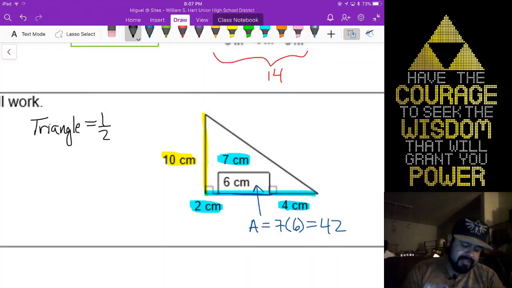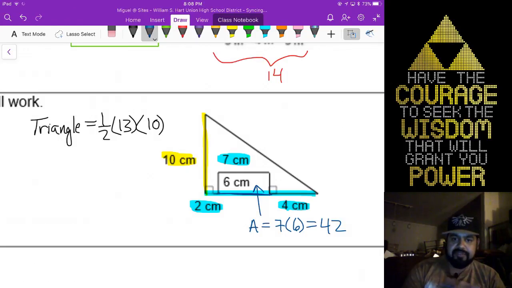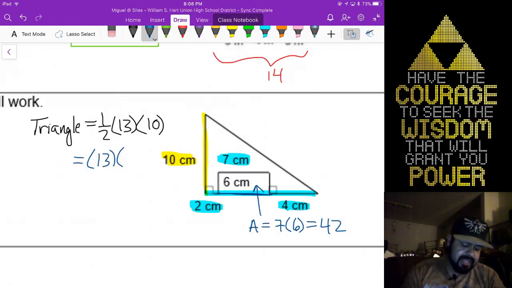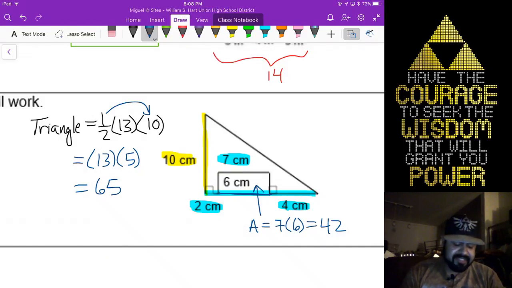So 1/2 of 13 times 10. If you choose to type it in your calculator, that's fine. Or if you want to be smart with your math, that's fine too. I'm going to do that. That's the same as 13 times 5, because I took half of my 10. So that is 13, 26, 39, 52, 65. So we'll have 65 centimeters squared.